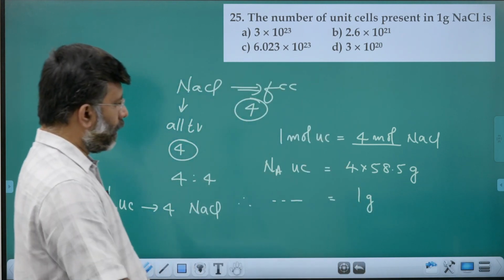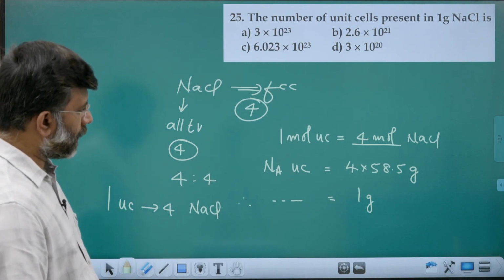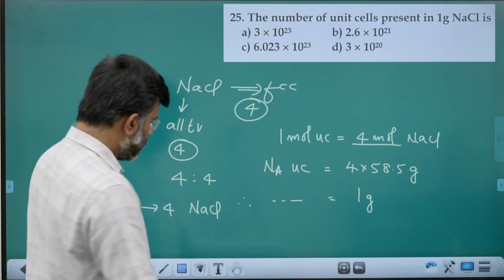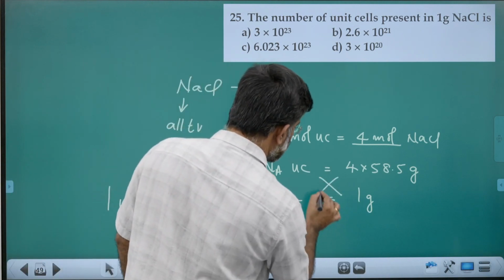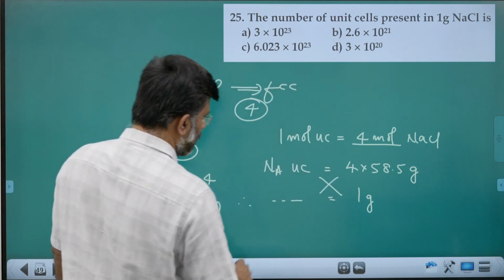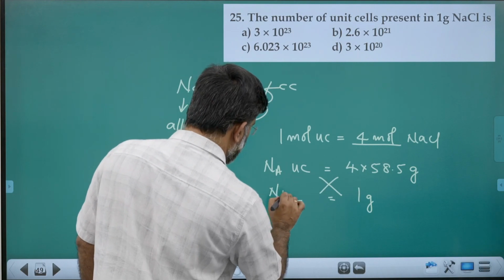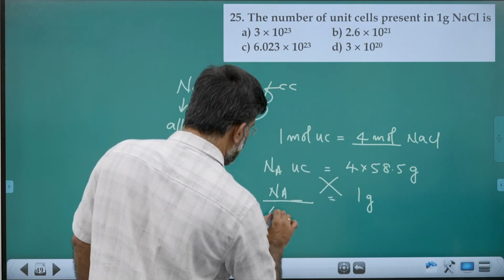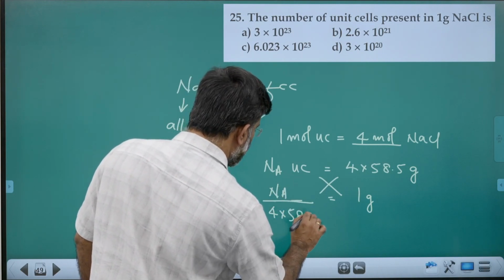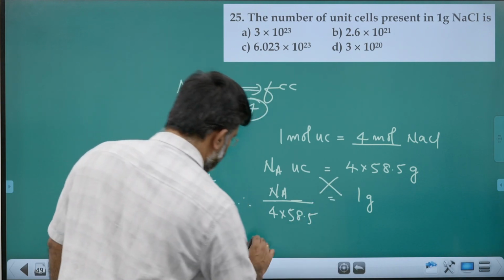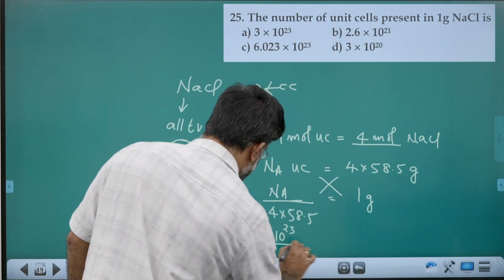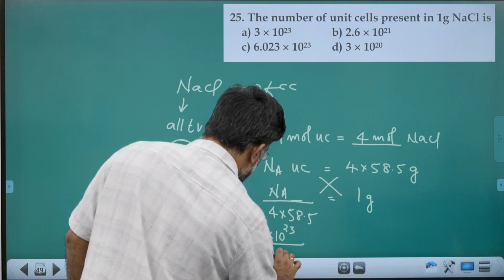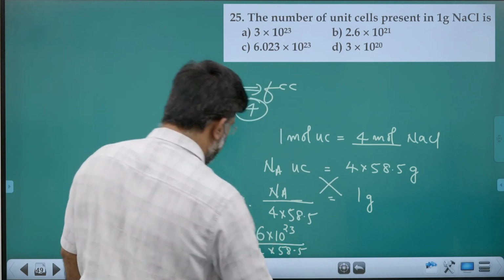That is the question. How many unit cells? It is Na divided by 4 into 58.5. That is 6.023 into 10 power 23 divided by 4 into 58.5.